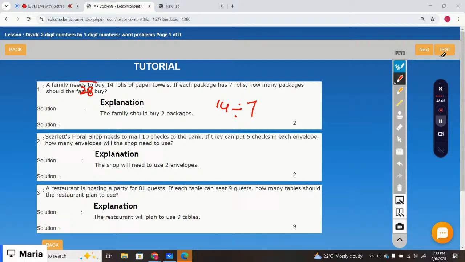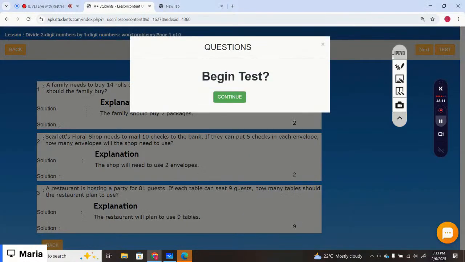That means they need to buy 2 packages. Let's just start with the test questions.